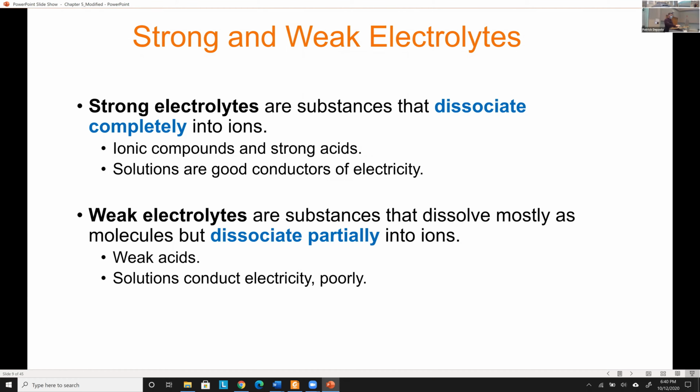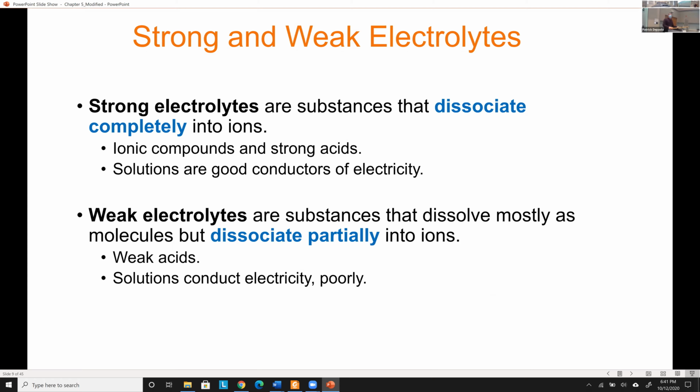The definition is they dissociate completely into ions. Out of 100 molecules, NaCl is a perfect example, hydrochloric acid, great example, you're going to have 100 dissociations, and they're all going to break apart. This is what a strong electrolyte is.